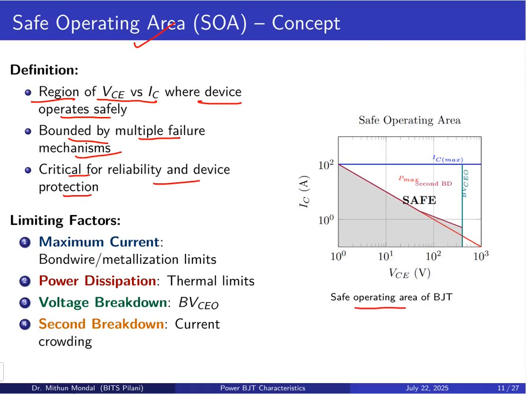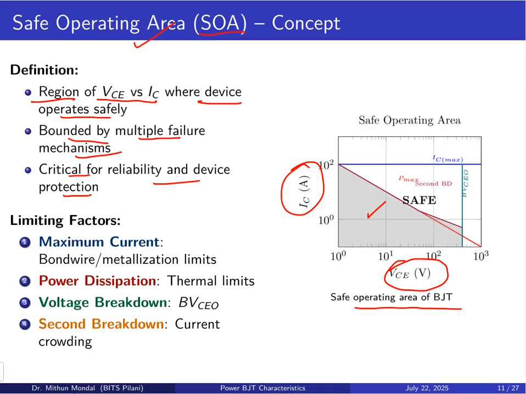This is the safe operating area of the BJT, the curve drawn between the collector current and the collector to emitter voltage. When you need to operate the transistor in the safe operating region, we should know where you need to operate: what is the maximum current and what is the maximum voltage that we can pass through the BJT.